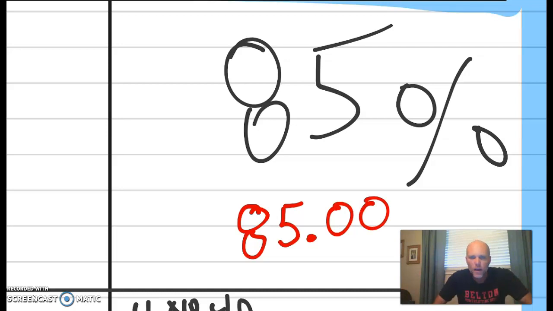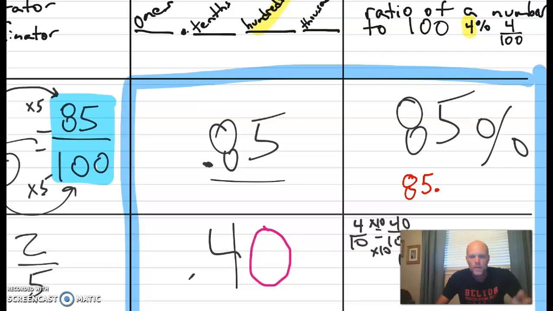It's still 85, isn't it? Okay. So I'm going to take those 2 zeros off, because we don't need them. But I'm going to leave that decimal there. And so now what do you see about the decimal of 85/100ths and then the percent of 85? Just decimals are in a different place, right?